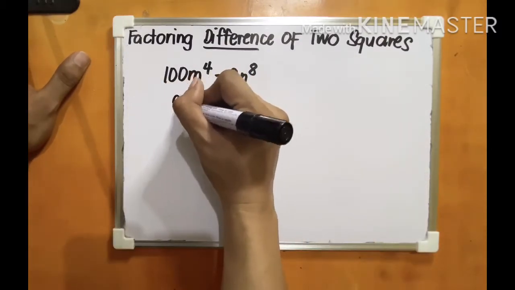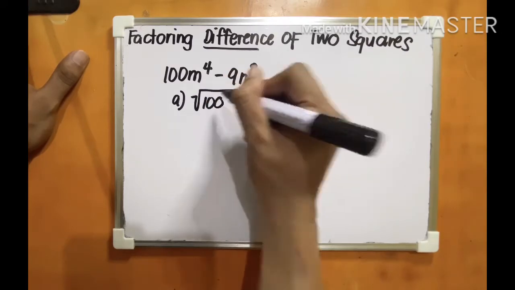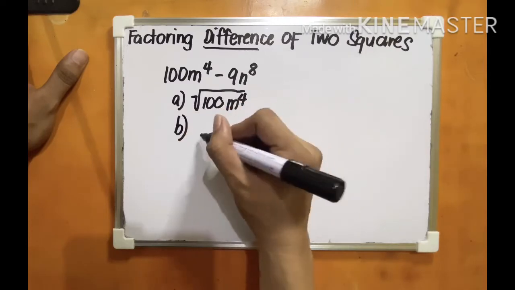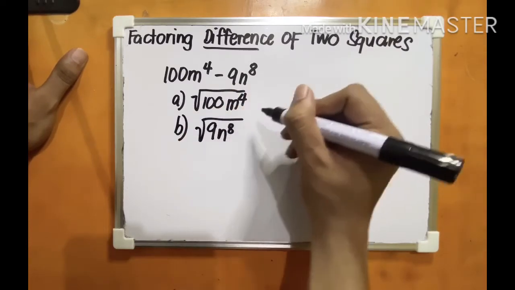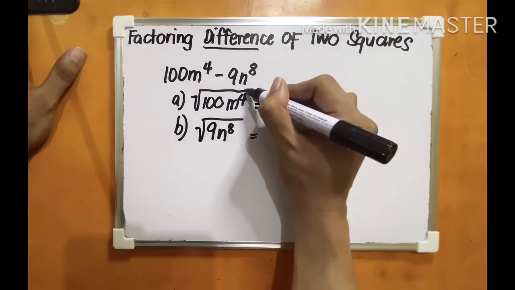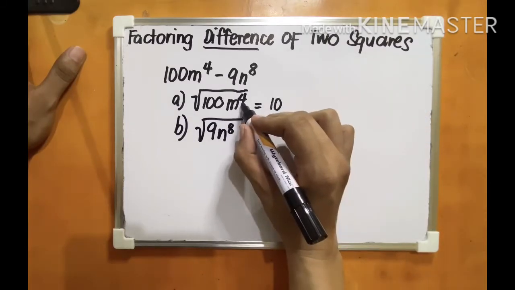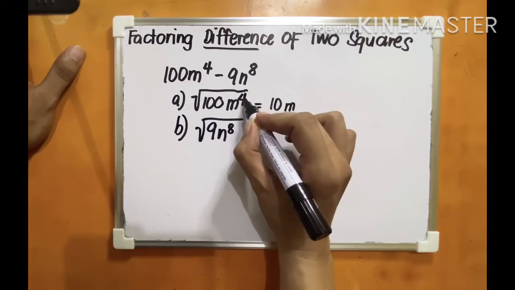So again, step A, square root of 100m raised to 4, and B, square root of 9n raised to 8. Square root of 100 is 10. Then 4 here, you will not get the square root of 4, right? 4 should be divided by 2.